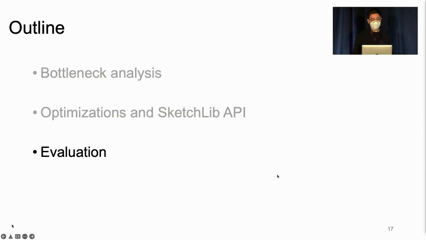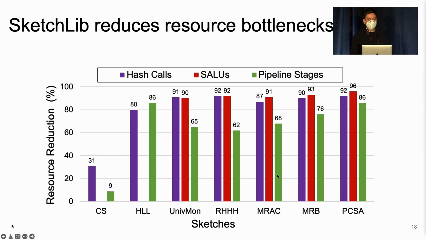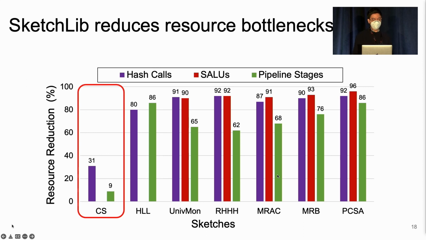Let's take a look at the evaluation. SketchLib reduces resource bottlenecks significantly. For the x-axis, we use 7 representative sketches for this resource reduction evaluation. And the y-axis shows the percentage of resource reduction between before and after optimization. If you take a look at one example of single-level sketches, Count Sketch, we can see that SketchLib reduces 31% of hash calls, 0% of SALUs, and 9% of pipeline stages.